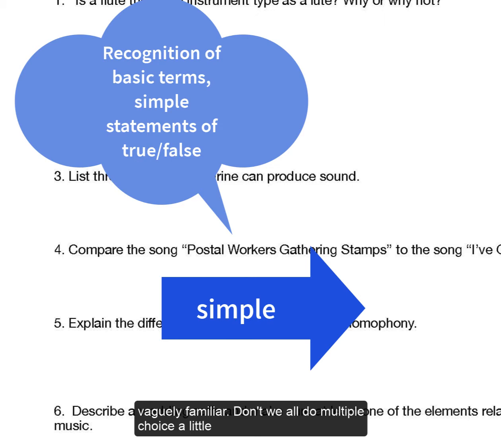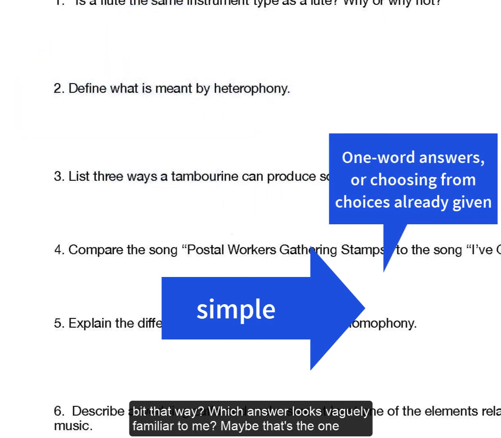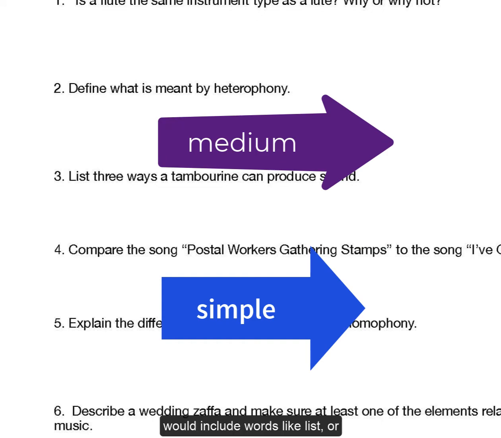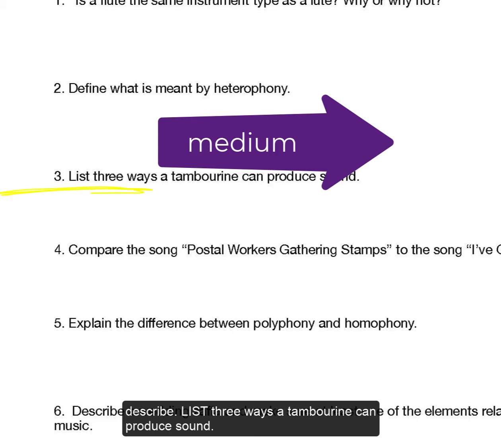Don't we all do multiple choice a little bit that way? Which answer looks vaguely familiar to me? Maybe that's the one I choose. So a lot of instructors don't love these simpler choices because they don't really get the students to explain how much they know. Medium range questions would include words like list or describe.